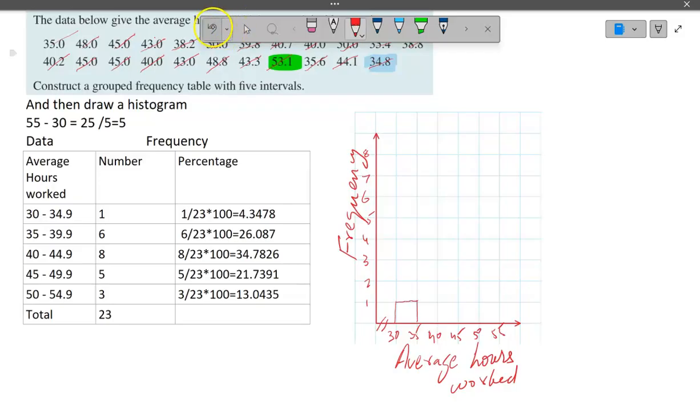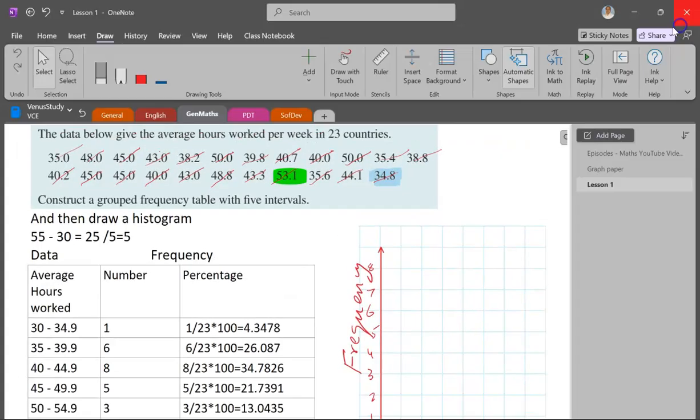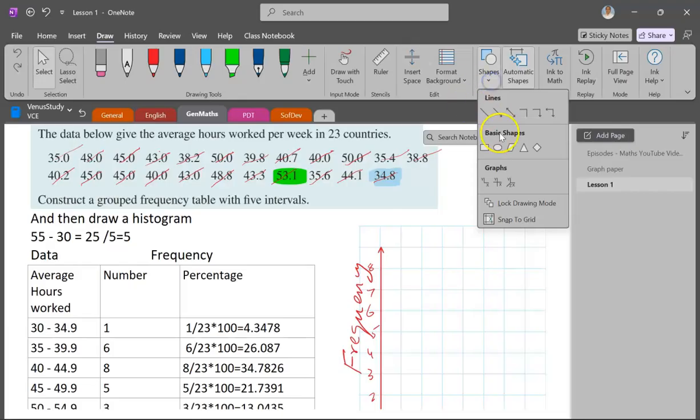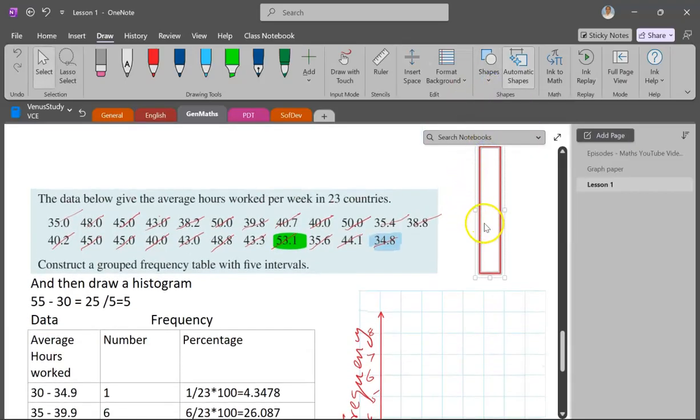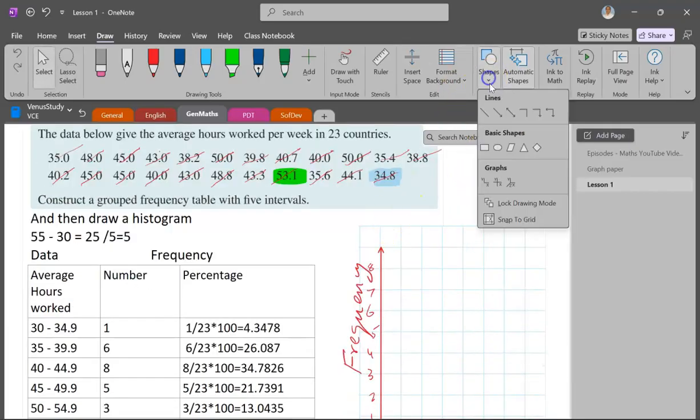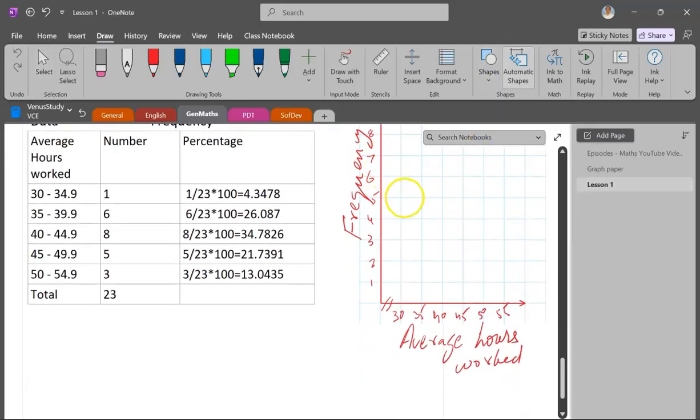You know what, I can do better than that. I can pick up now a drawing shape. Next one, click and draw the shape there. Okay, done. Then 6 I need, up to 6. So again draw the shape up to 6. The next one is up to 6.